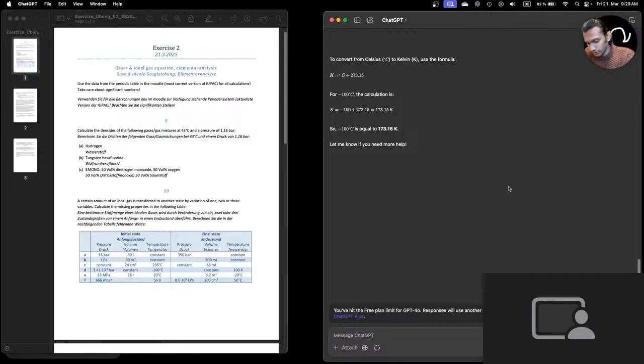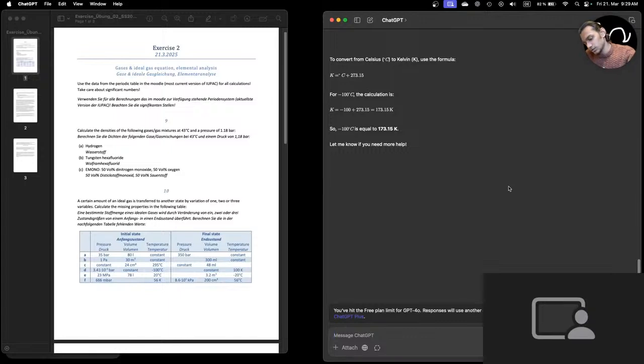Now it's part E. On part E, P2 is the value that is missing, so P2 equals T2 by T1 into V1 by V2 into P1.